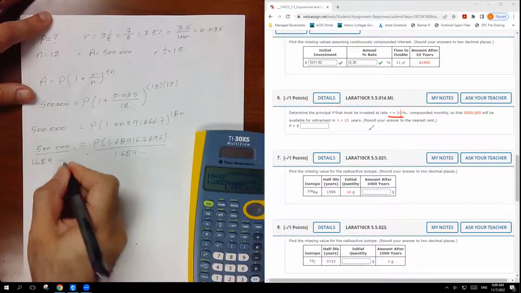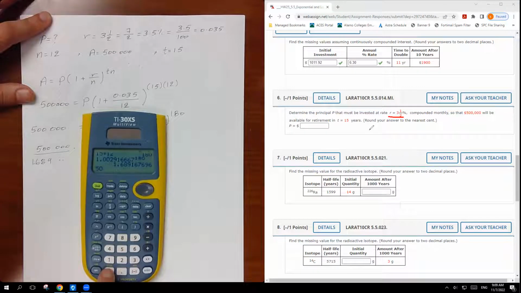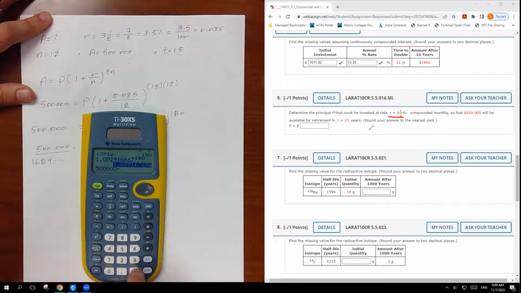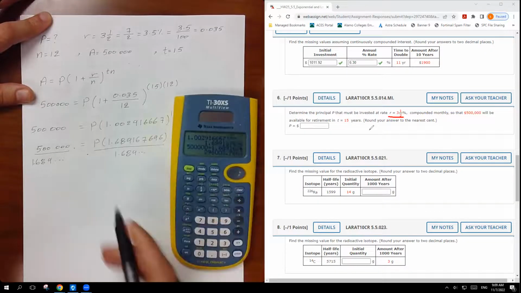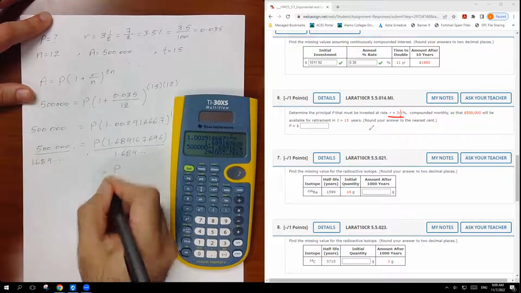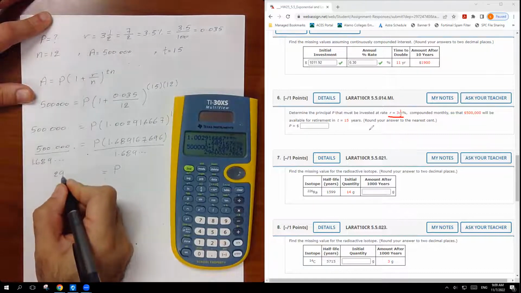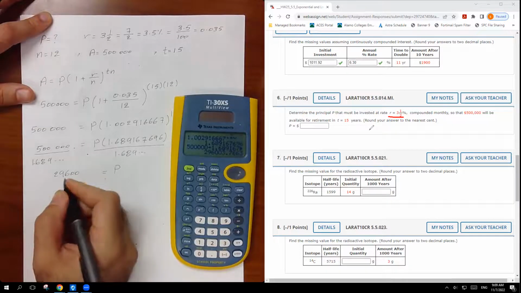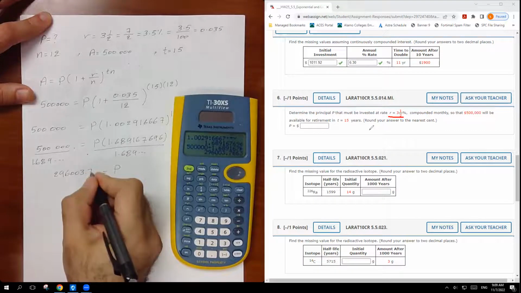The initial P is going to be equal 296,003.77.